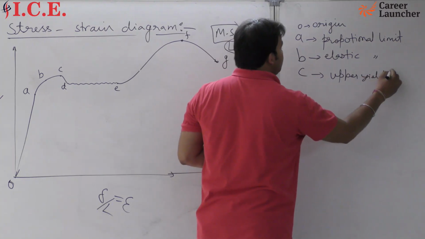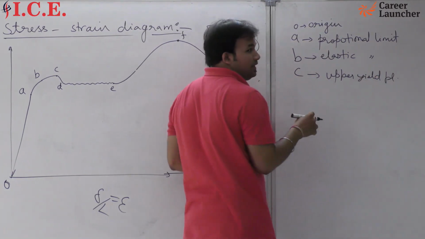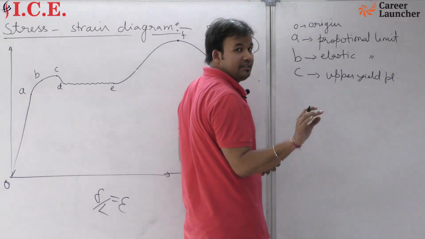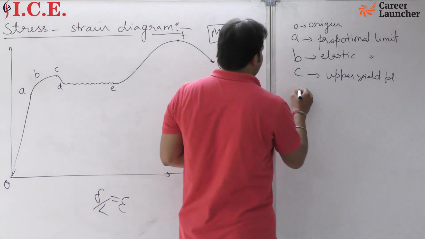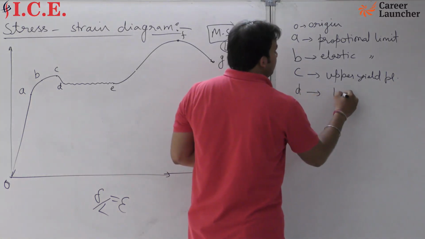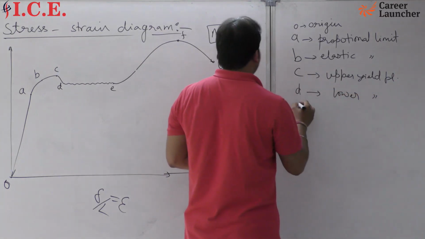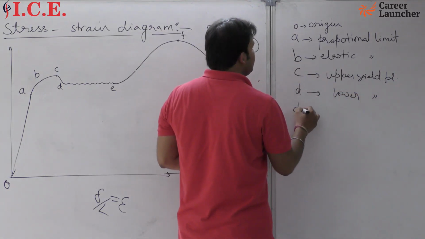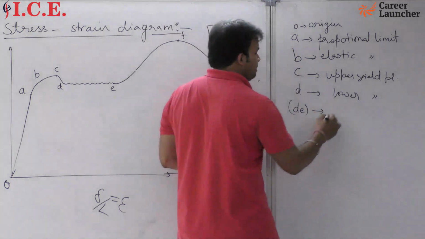That is a very important point. The explanation of the upper yield point you won't find anywhere, so remember that. D, lower yield point. Then D to E will be your perfectly plastic region.